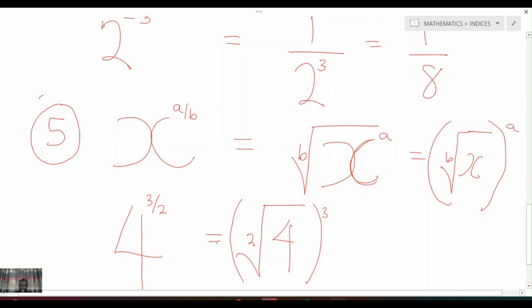But don't forget that in mathematics, if this is the second root of a number, that is square root, we don't put this 2 there. I just put it there for you to understand what the role of this 2 will be. So this will be equal to 2 raised to power 3, which is equal to 8.